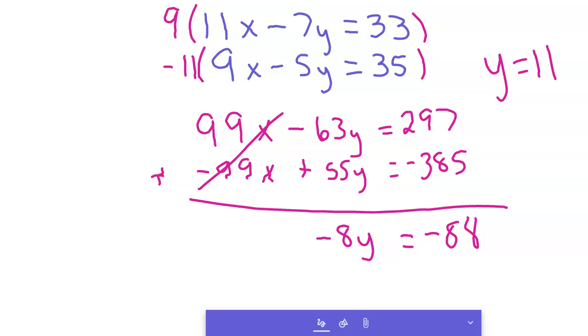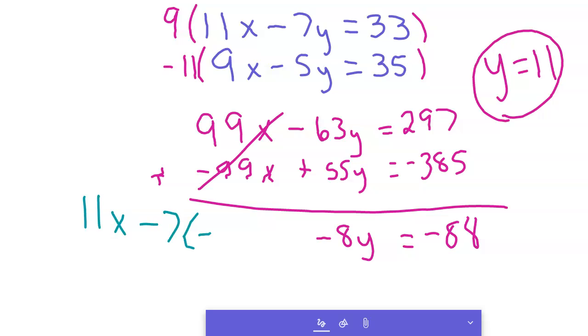With one of those answers, now I'm going to plug that 11 into one of the original equations. I'll just plug it into the top one. So you'd have 11x minus 7 times positive 11 equals 33.